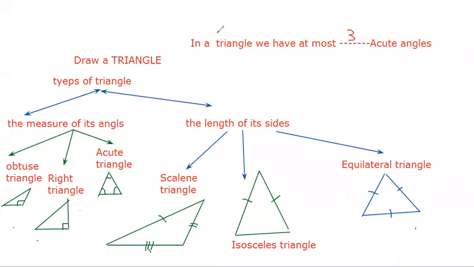What about at least in a triangle? We have at least two acute angles. Okay, so the maximum number of acute angles in any triangle is three, and the minimum number is two.